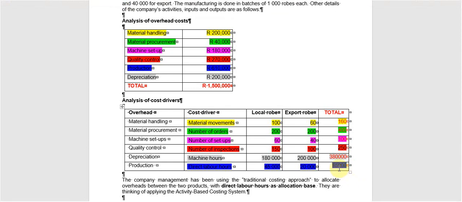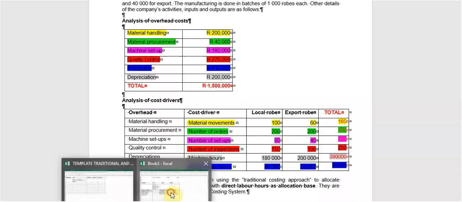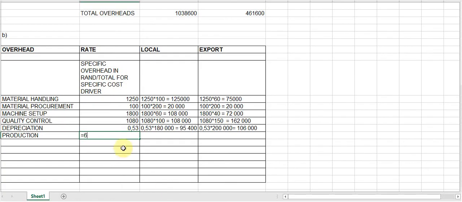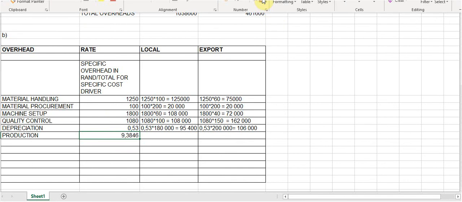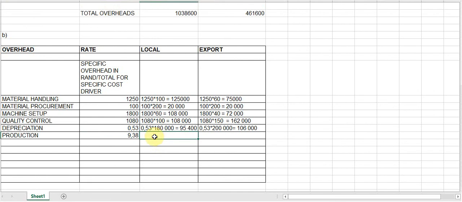So it was 65,000. I'm going to take the 610,000 and divide it by the 65,000 labor hours. That gives you, rounded, 9 rand and 38 cents. I'm copying that to each of the products.